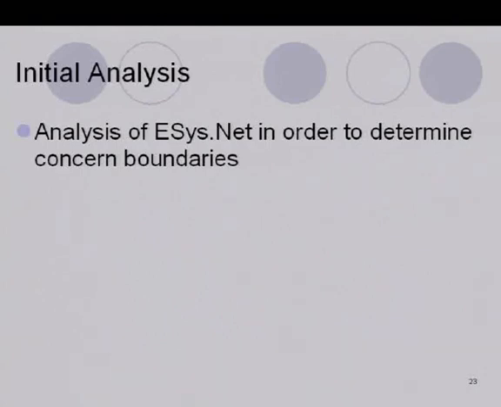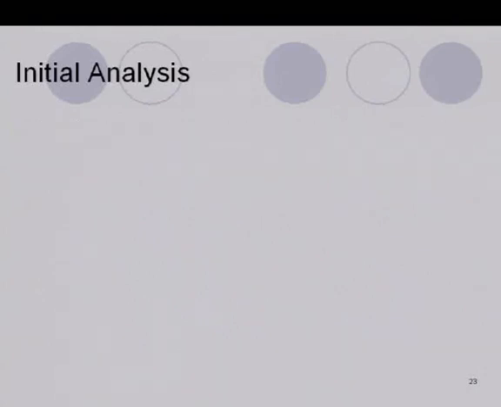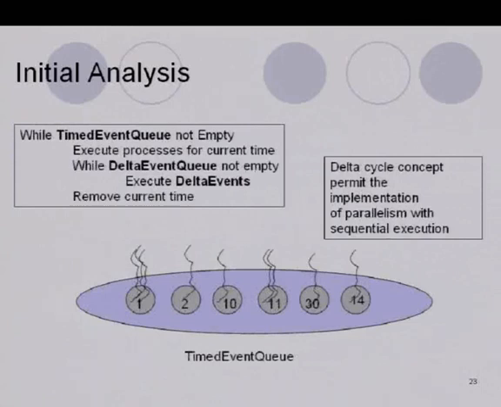Now, just to help people understand the context of the design of the simulation aspects and the modeling aspects and all that, most framework-based environments, such as esys.net, are basically what we call event-driven simulators. So basically what you have is a queue with events which have timestamps, and on those events are hooked up threads, basically the processes that have to be executed at those timestamps.